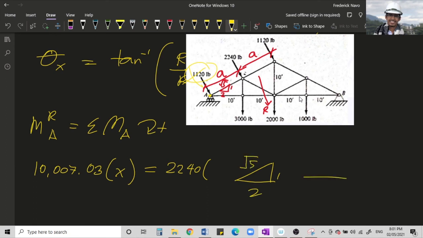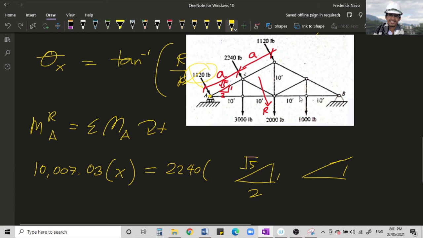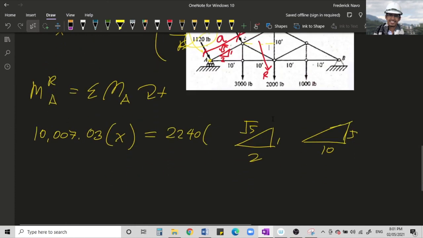And this is 10, and this is 5, half of it. So, by similar triangles, A over 10 is equal to square root of 5 over 2.